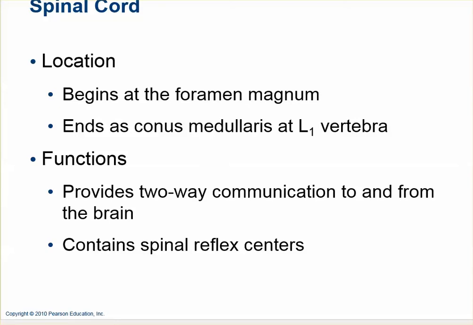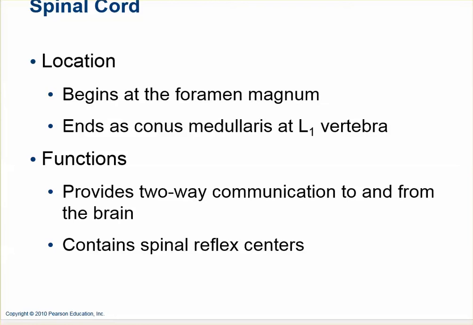And it ends in kind of a cone called the conus medullaris. There are nerves that exit the spinal cord that carry on beyond that, called the cauda equina, but we'll leave that for a moment.